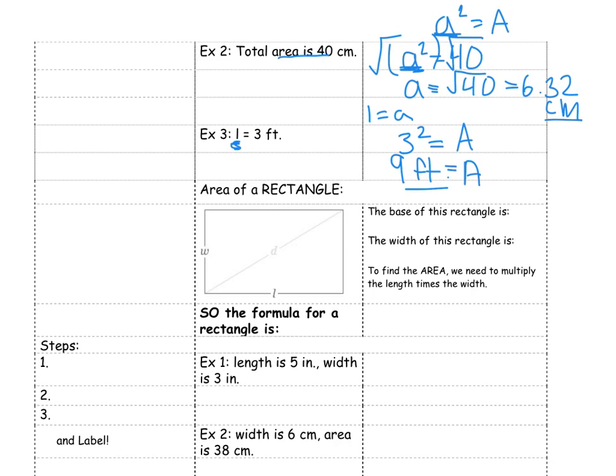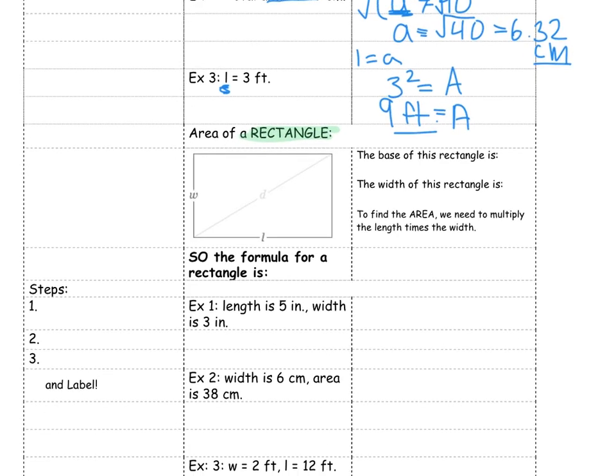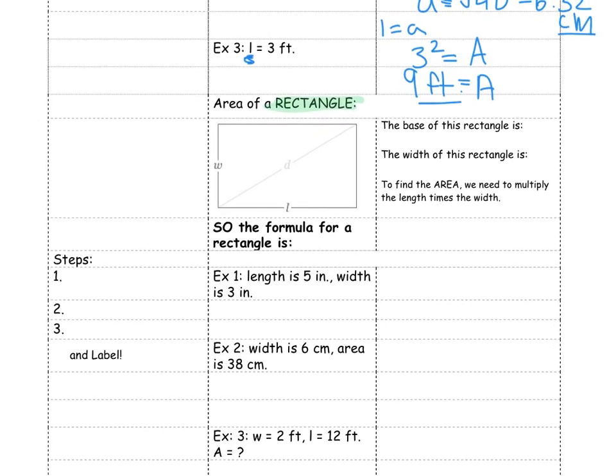Let's move on to a rectangle. So for the area of a rectangle, if you have a highlighter, I would suggest highlighting these to separate the areas. The base of the rectangle is always going to be length. And the width of the rectangle is always going to be the width.